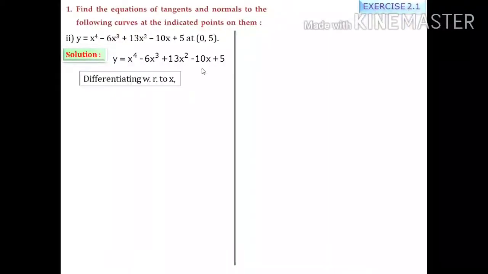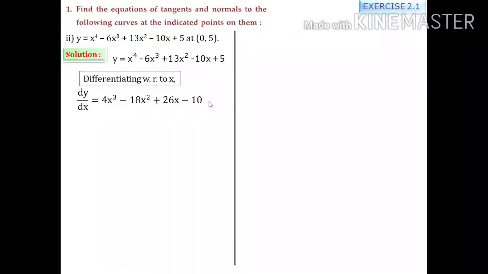Step number 1, to find dy by dx, differentiate with respect to x. Dy by dx is obtained: x raised to 4 derivative 4x cube, x cube derivative 3x square into 6, that is 18x square. Next 13x square derivative 26x, 10x derivative 10, plus 5 constant derivative 0, no need to write.